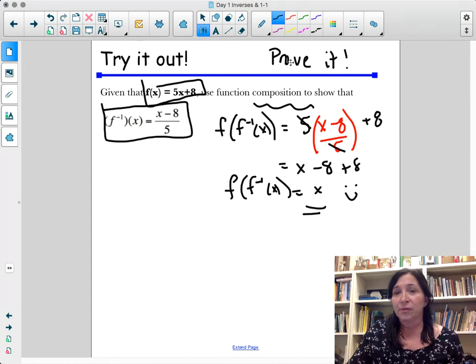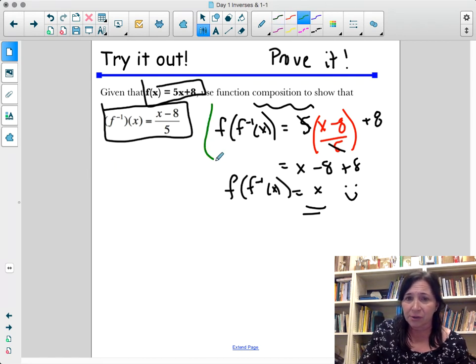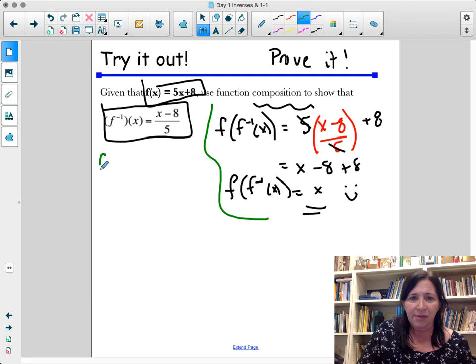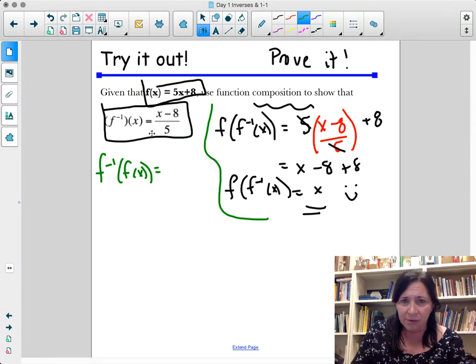So now I'm going to prove it the other way, and I'm going to take my f inverse equation. So let me draw a little line here. And I'm going to say, well, I'm going to take my inverse and plug in the f of x equation into that, and hopefully I get x. So there's my f of x, my inverse equation. I'm going to put x right into that.